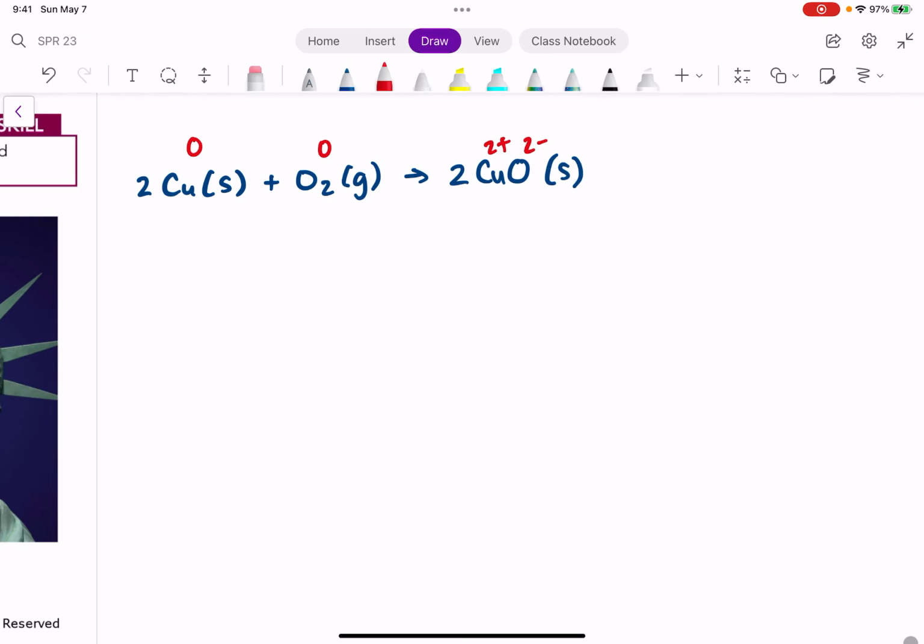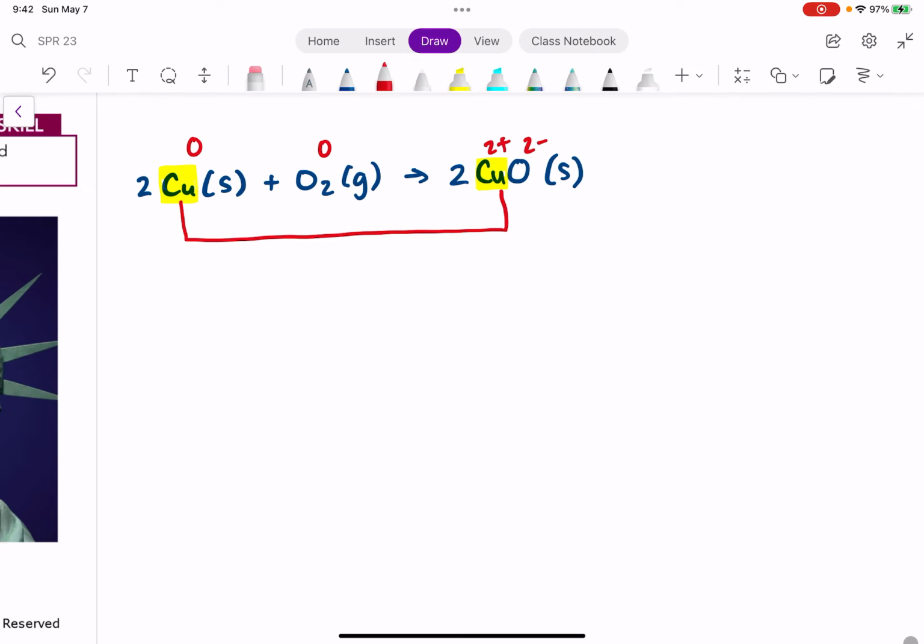Okay, so now what you're going to do is compare each species before and after your reaction. So before your reaction, look at our copper, right? And then after the reaction, we're going to look at our copper. Okay, so let's go ahead. I like to do it this way, and I like to draw a little bracket. So our copper before our reaction had a 0 oxidation number or 0 charge.